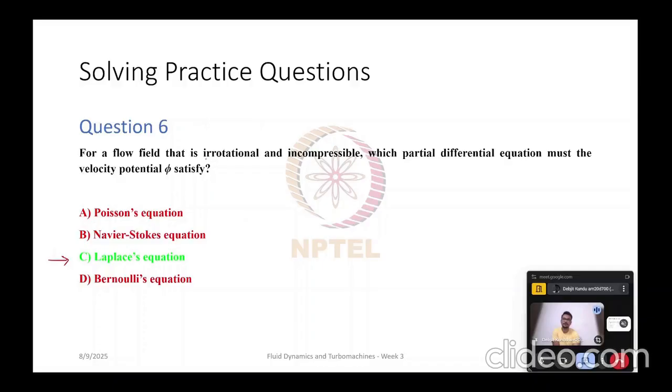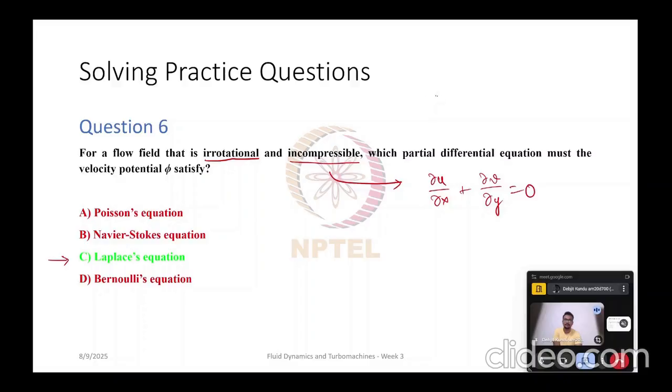First of all, irrotationality is a requirement for phi to be defined in the first place, and if it is incompressible, then the continuity equation can be written like this: ∂u/∂x + ∂v/∂y equals 0.